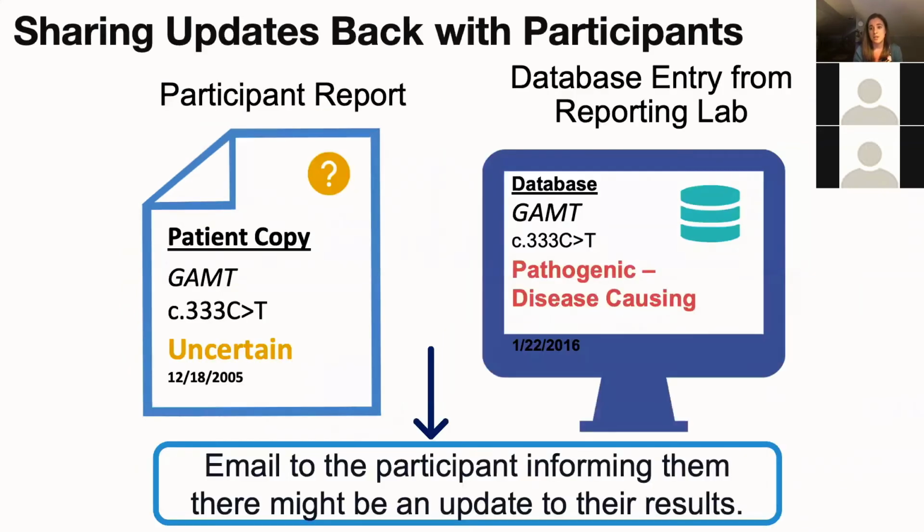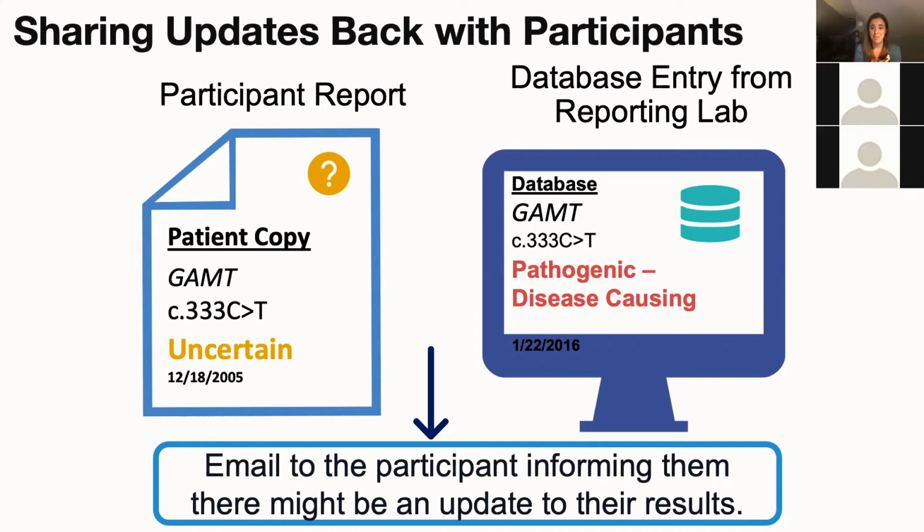So in addition to contributing information to inform our understanding moving forward through the registry, another benefit back to participants is that they can choose to receive updates about their genetic test results if we should come across them from our data sharing. As I mentioned before, variants are classified when they're reported just based on the knowledge base, but over time our understanding might shift.